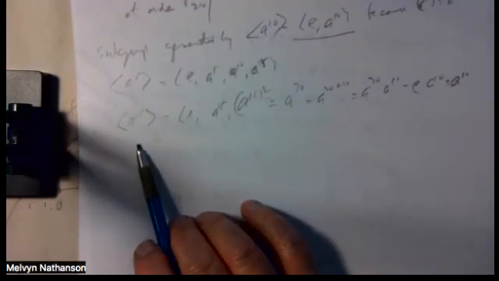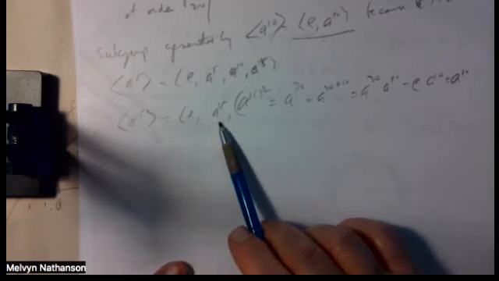So a to the 15th squared is a to the 10th.